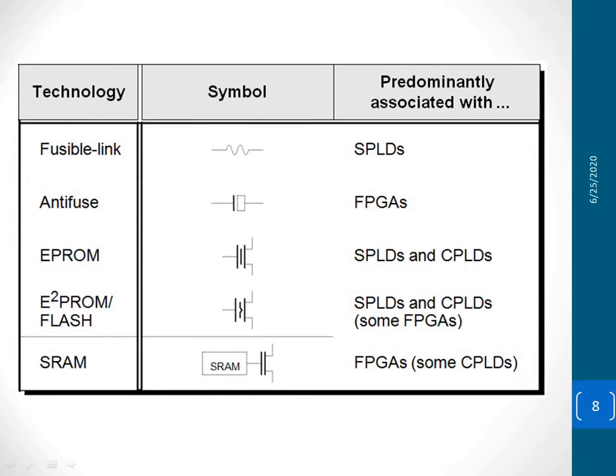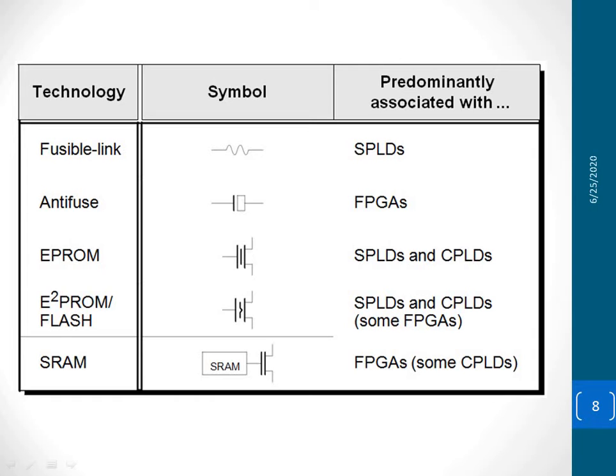Here we can see the table in which the symbols are shown for fusible link, antifuse, EEPROM, flash and SRAM. Fusible link is associated with SPLDs, antifuse is associated with FPGAs, and EEPROM is for SPLDs. SPLD means simple programmable logic devices, in which PLA and PAL are implemented, and CPLDs.